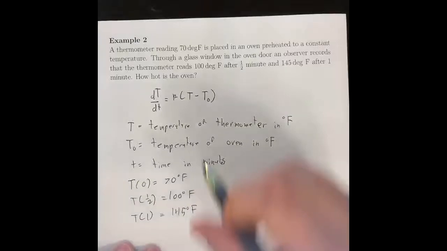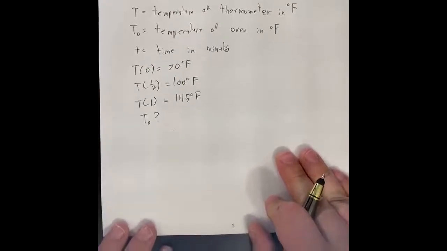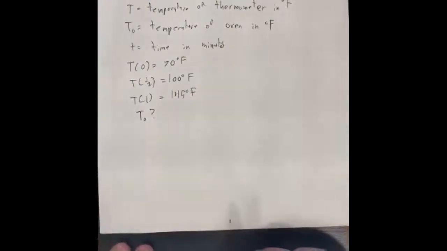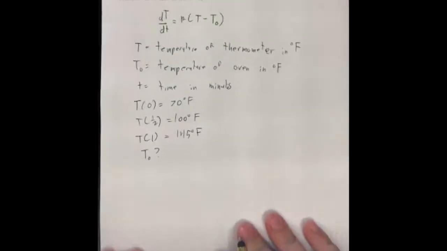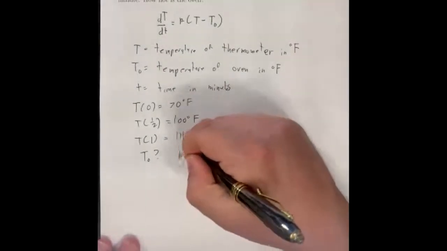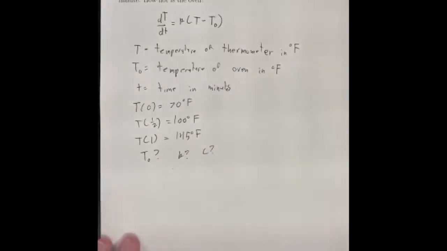We want to figure out T naught. That's what we're trying to figure out. So along the way, we realize we're probably going to have to figure out what this K is, and then there's also an integration constant when we solve. So what is the C? That's where we have these three unknowns. We have three equations. That makes sense, that we should hopefully be able to figure that out.